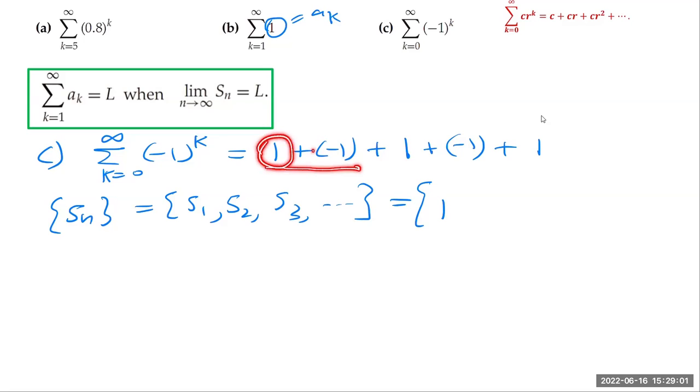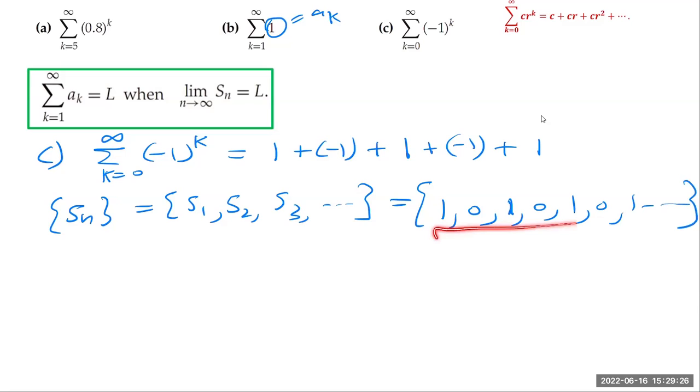If you take the summation, 1 minus 1, that's 0. What is S3? S3 is the sum of the first three terms. The summation of these three terms is 1. As you can see, this pattern continues: 1, 0, 1, 0, and so on and so forth. What do you think? Does this sequence converge?